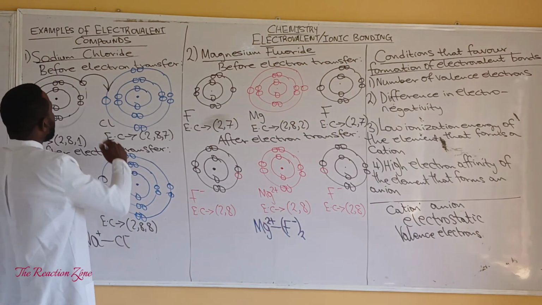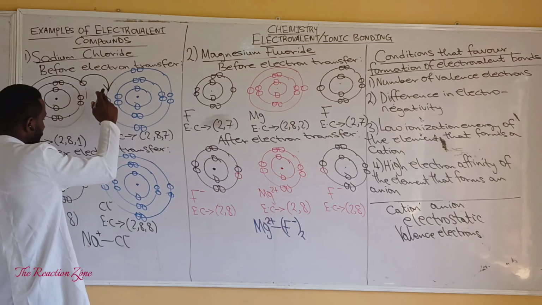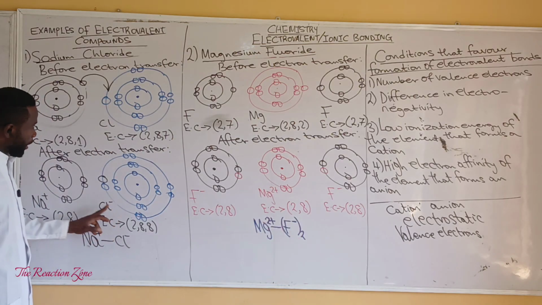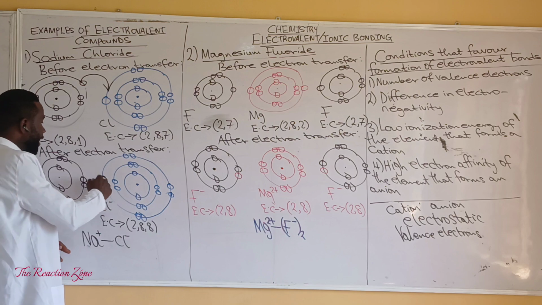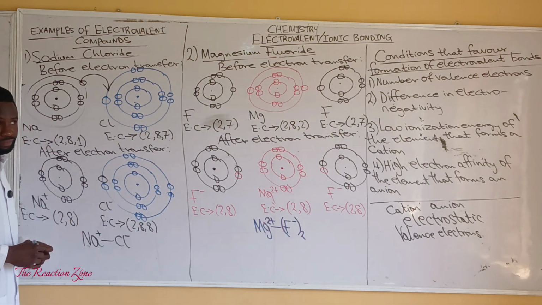When the chlorine atom accepts that electron from sodium, it becomes a chloride ion, and it now has 8 electrons in its outermost electron shell.